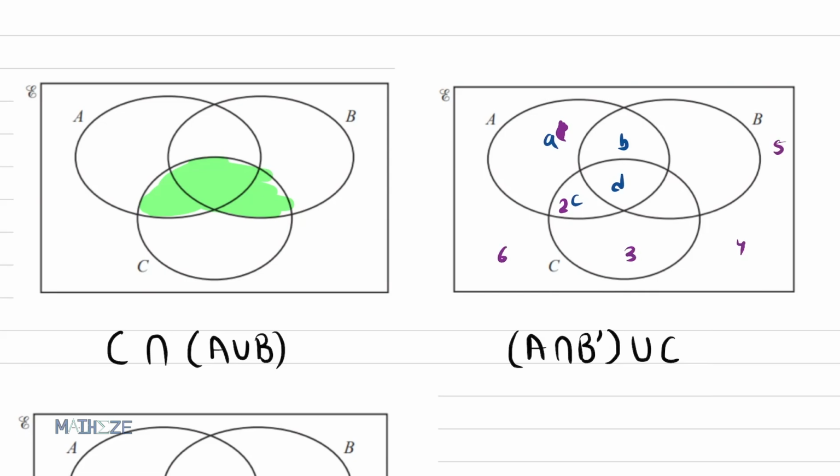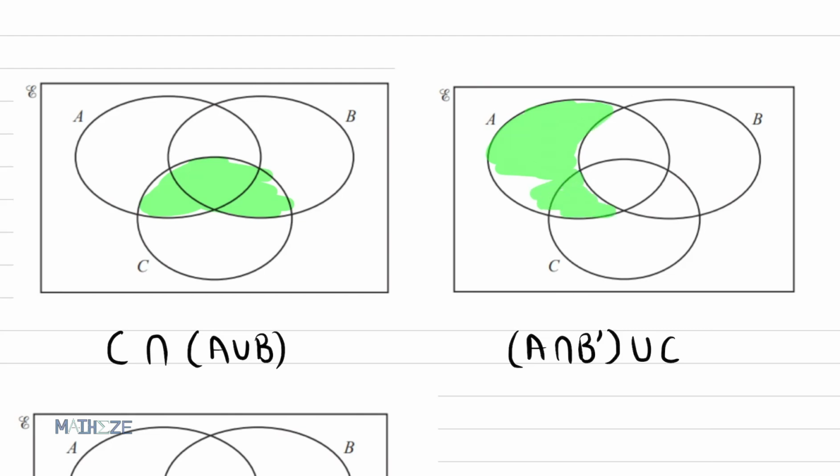So guys, what's the area where there are numbers and letters? This one? Yes or no? So I'm going to shade this. Yes or no? And you're going to erase the rest. Did you get the idea? So which part is done? A intersection B complement is done.